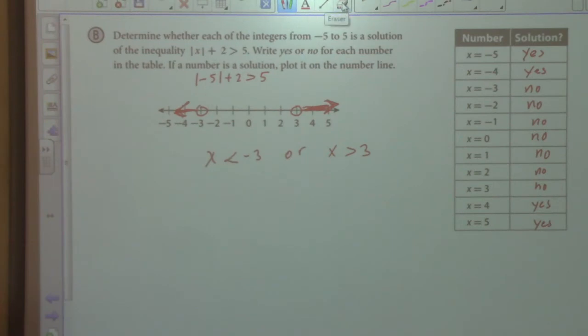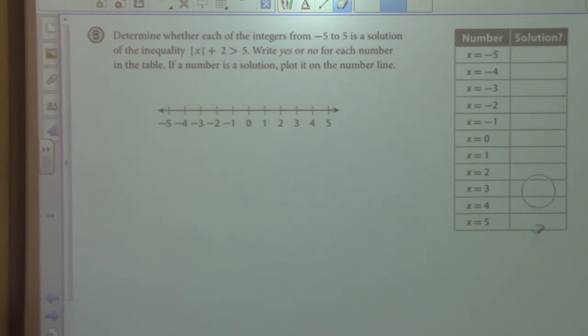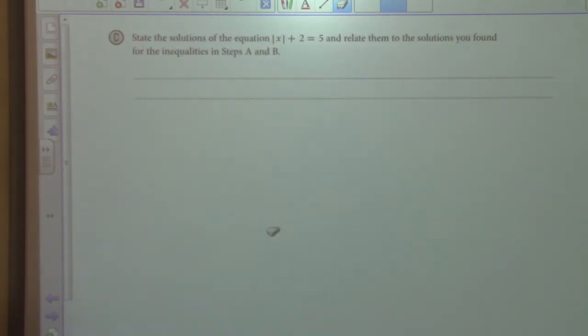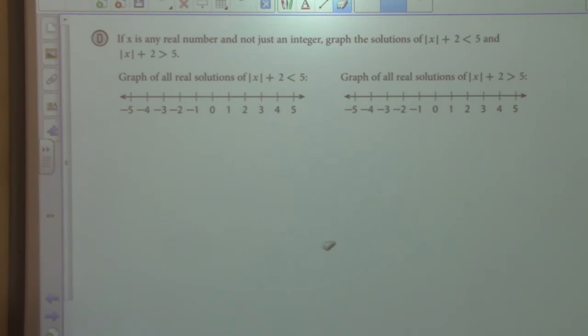All right, and we're going to continue talking about these things. Okay, state the solutions of the inequality and relate them to the solutions you found for steps A and B. I'm going to skip that, it's fresh in our mind. If x is any real number and not just an integer, graph the solutions.